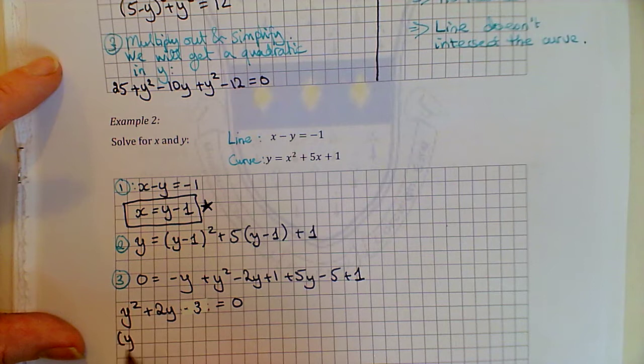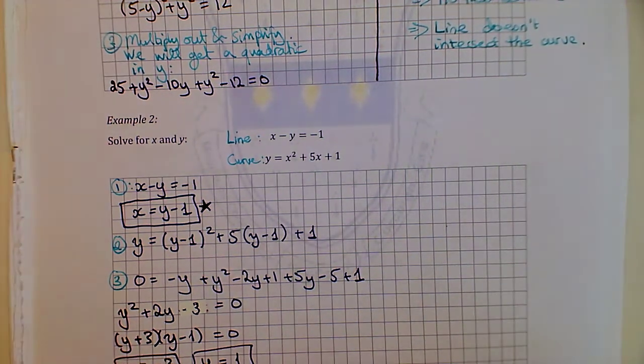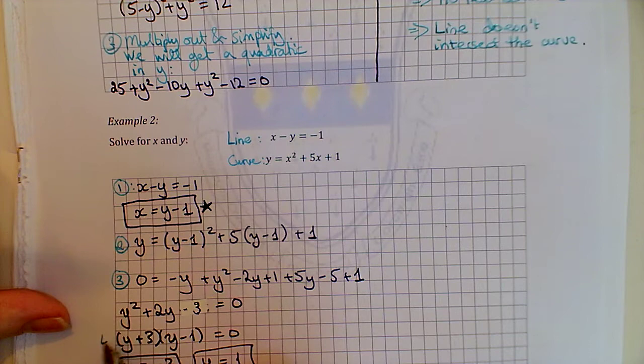And then I can factorize that as y plus 3, y minus 1 equal to 0. And I'm getting my two solutions, y is minus 3 and y is equal to 1. So those are my two solutions for y. That was step 4, solving it.